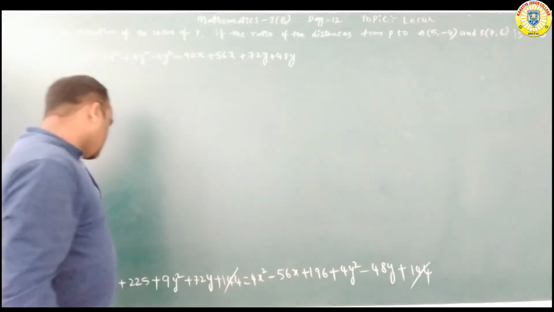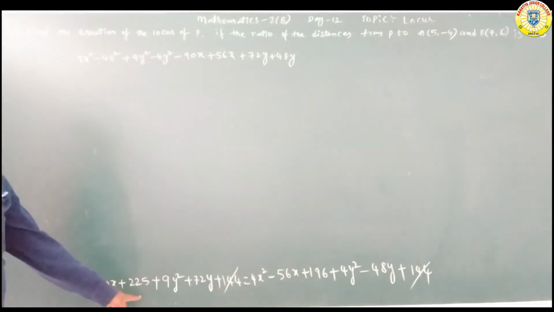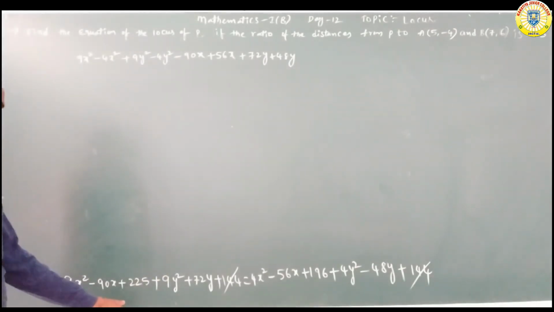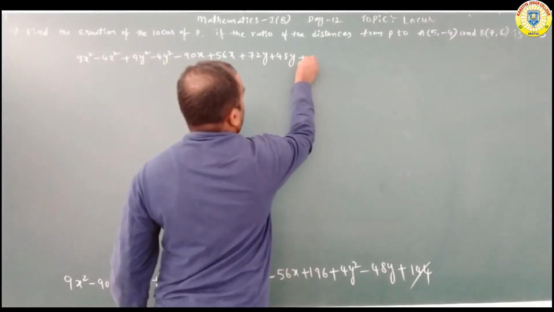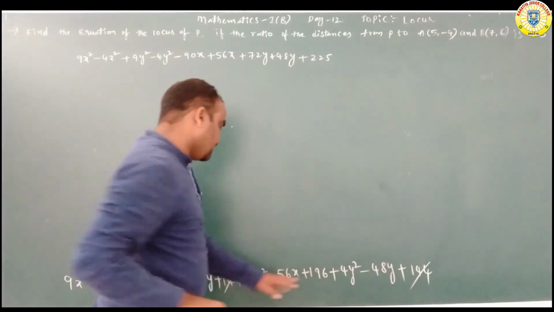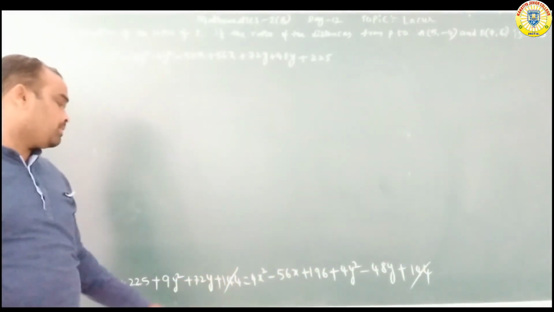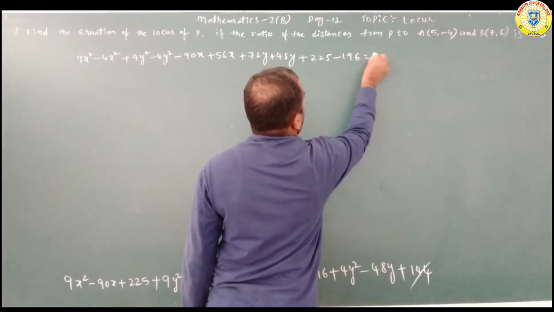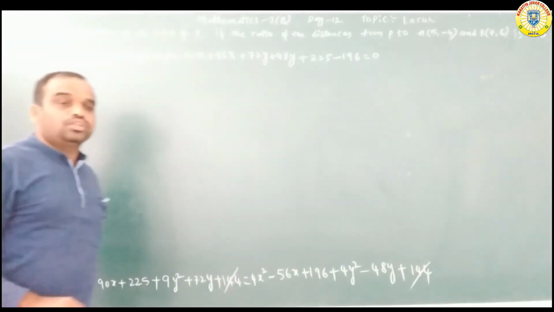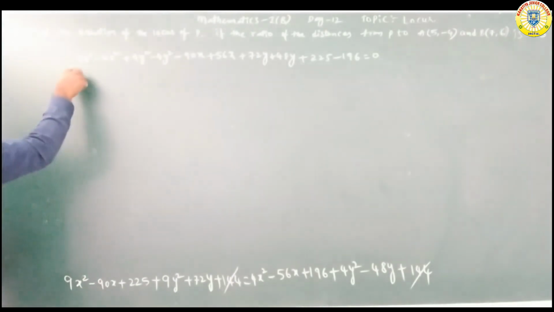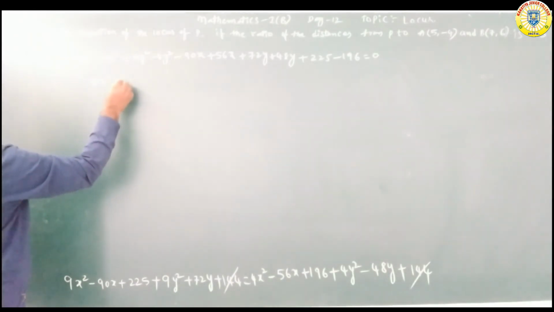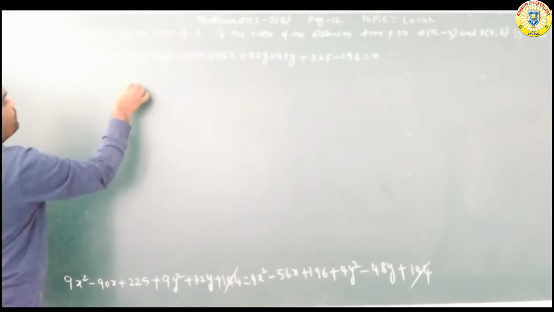Next, the constant values: plus 225 is there, and the 196 we are taking to the left side as minus 196, is equal to 0. Now 9x square minus 4x square is equal to 5x square. 9y square minus 4y square is equal to 5y square.